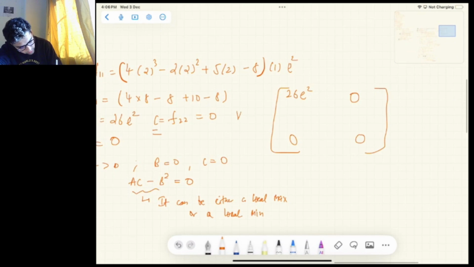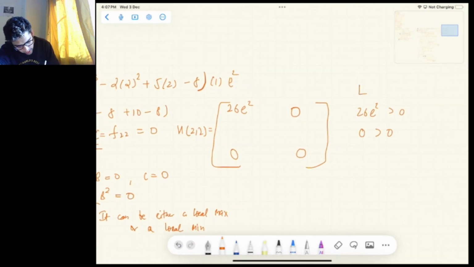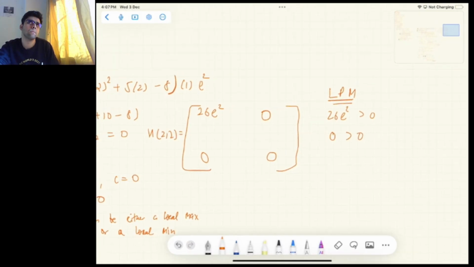So my Hessian matrix H of 2 comma 2 becomes 26 e square greater than 0, and again I have 0 as my determinant. These are my LPM. What was the full form of LPM?